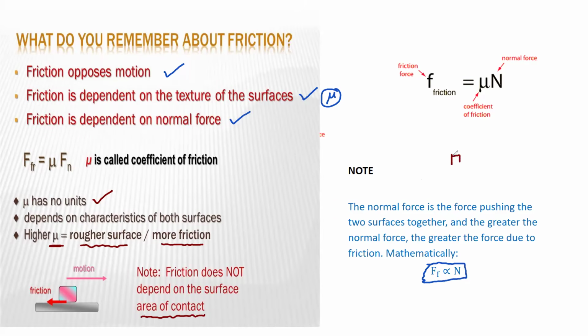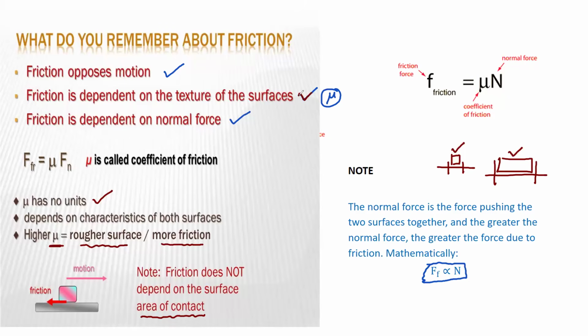In other words, if this object is occupying from this space to that space, and then this object is occupying from this space to that space, the area doesn't affect friction. The friction available here will be the same available here. It is not affected by the area of contact.